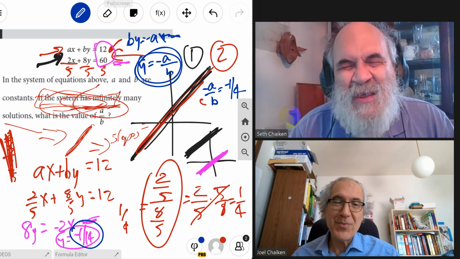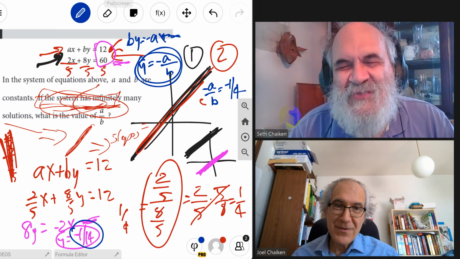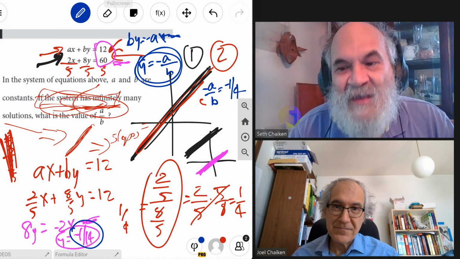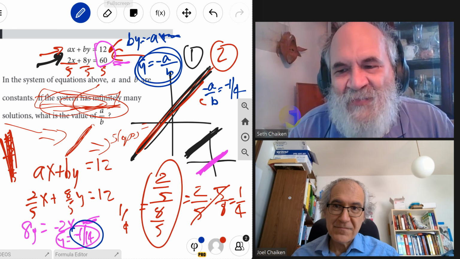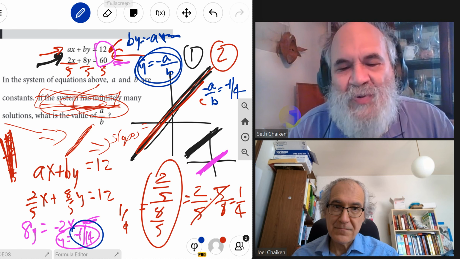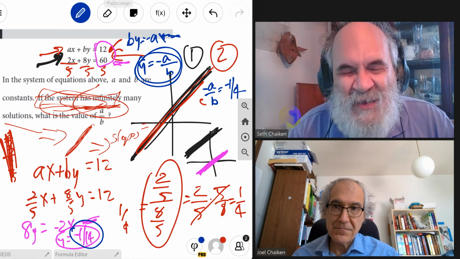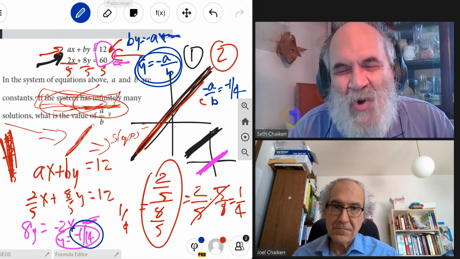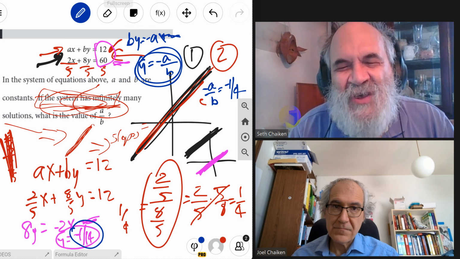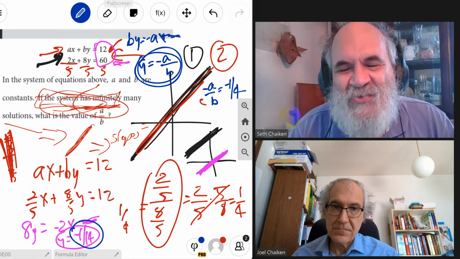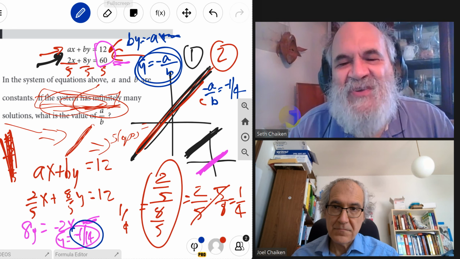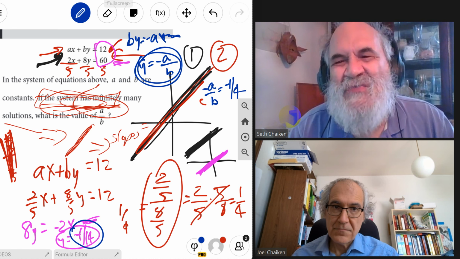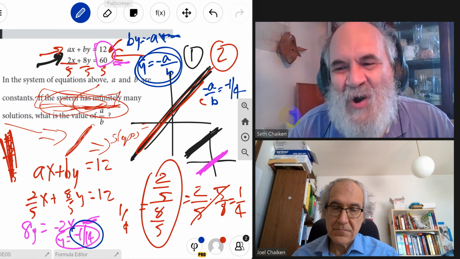I say if you study for the SAT, it is helpful to learn that the slope of the line that's the solution set to one linear equation in two unknowns is determined by the ratio of the coefficients of x and y.